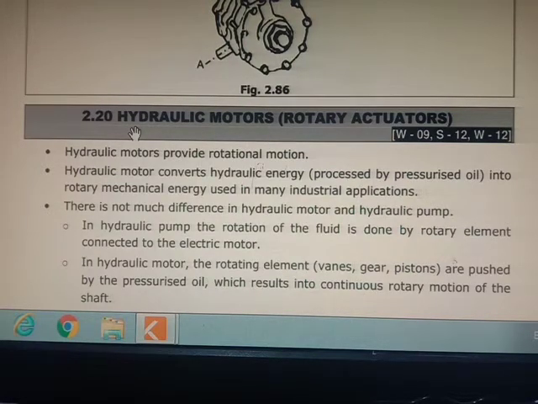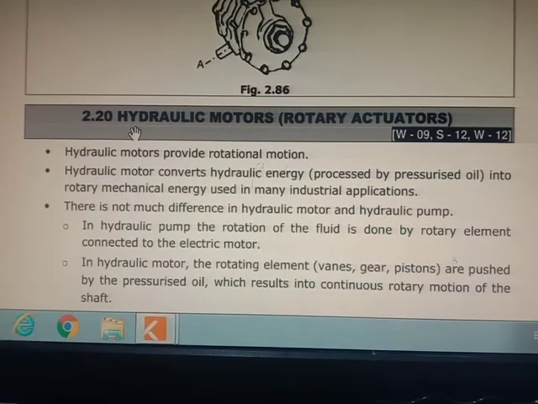And we have also seen the inline hydraulic pump and the bent axis hydraulic pump. Whatever the construction of the hydraulic pump, you will find the same construction in the hydraulic motor. Only the flow of the oil will change, right?